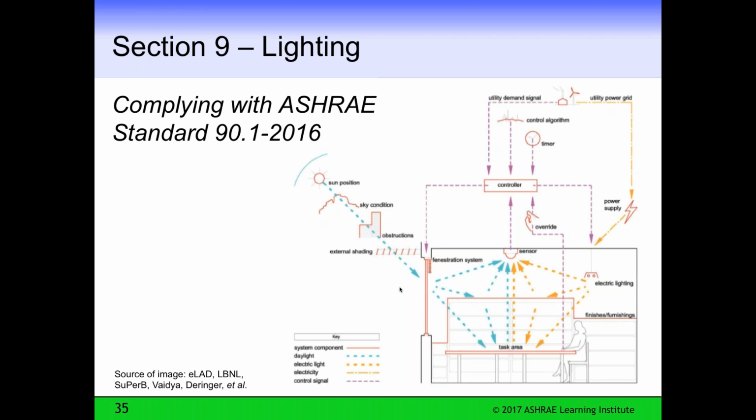The lighting section is important to understand because it has a major impact upon the loads on the HVAC system. It involves essentially two different elements: lighting controls, which are mandatory requirements, and the limits on the lighting power density that you're allowed to install in different spaces of different types. So we'll go through lighting, and then we will do the mandatory section of HVAC today.